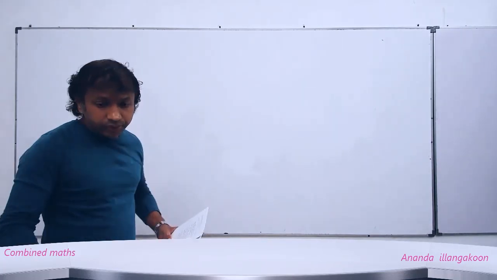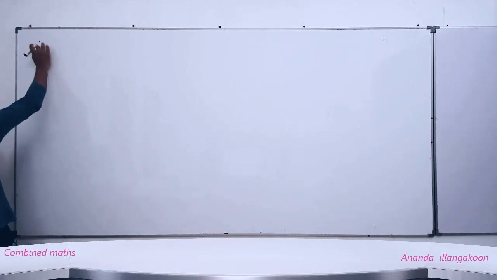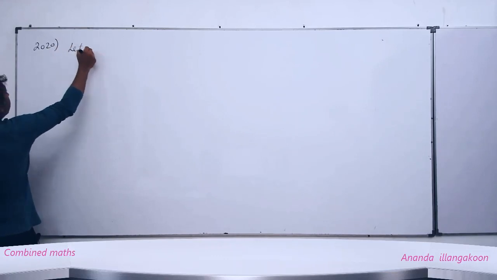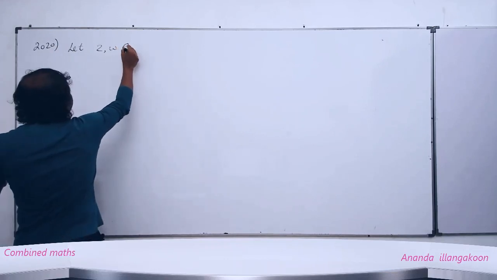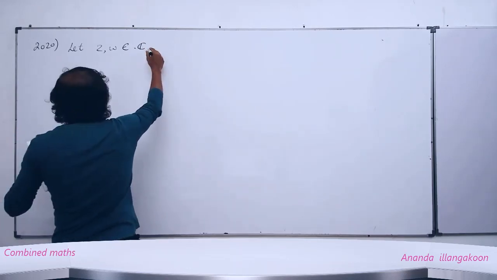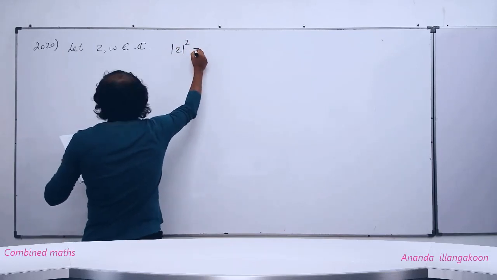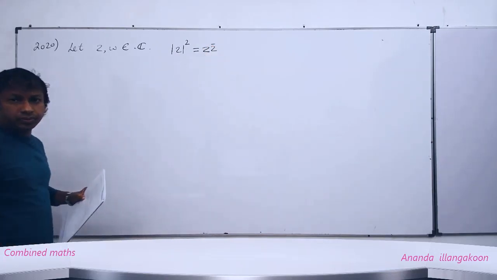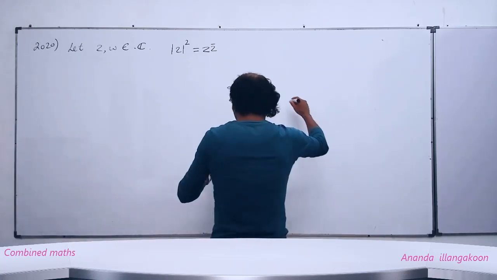Right, now the question says something like this. 2020 question. Given that z, w are elements of the set of complex numbers, show that mod z squared is equal to z z bar.